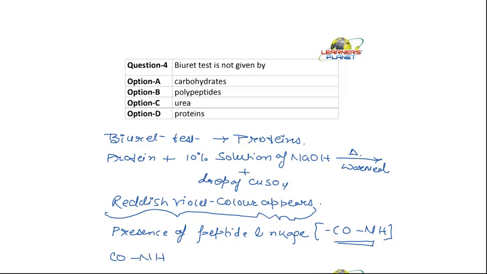Say your urea, after heating urea, what is obtained is NH2CONH2, and proteins, the peptide linkages of course present, right? So wherever this peptide linkage is present, it will give positive Biuret test.